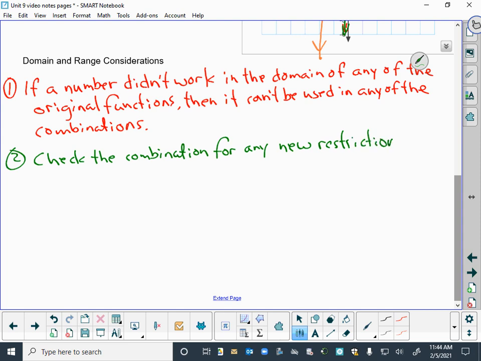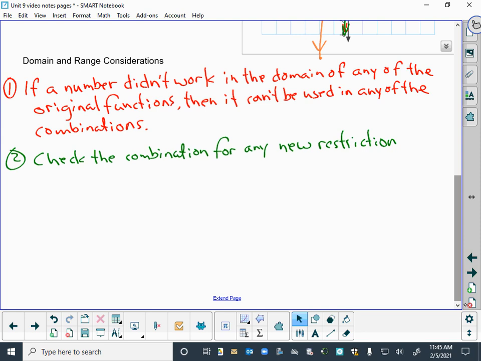So the division, if one of the things is division, it may have introduced something into the denominator that now we can't use. If my original functions were f of x equals x cubed and g of x equals x, then dividing by that x, because we created it that way, we would have to say now we can't use 0 because an x of 0 would have made the g of x equal 0.